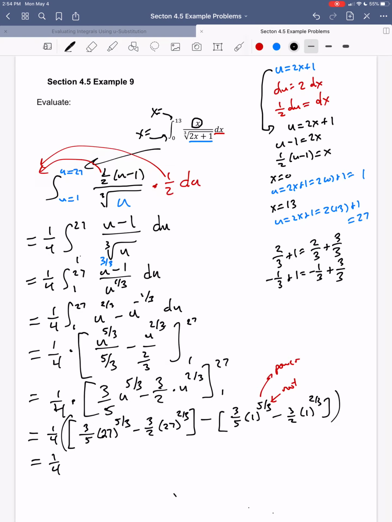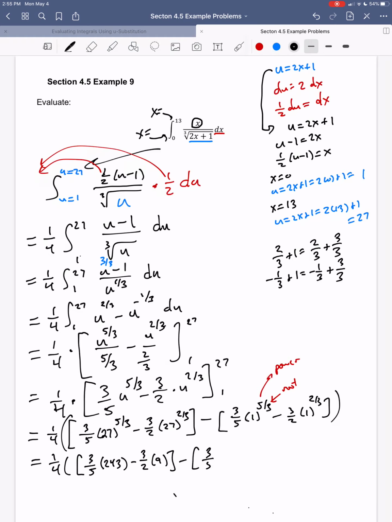So, 27 to the 5/3, we take the cube root of 27, which is 3, 3 to the 5th power. 3 times 3 times 3 times 3 times 3 is 243. 27 to the 2/3 power, this 3 means I take the cube root of 27, which is 3. 3 squared is 9.